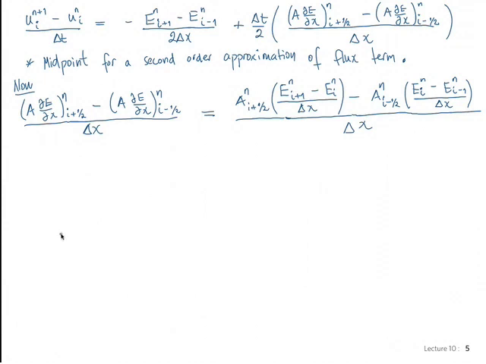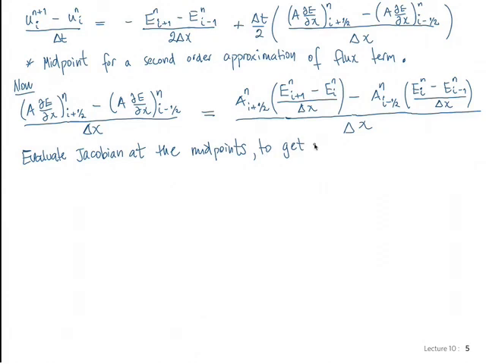Okay, now we're going to evaluate the Jacobian at the midpoints. This, we evaluate at the midpoints as basically the average on each side.